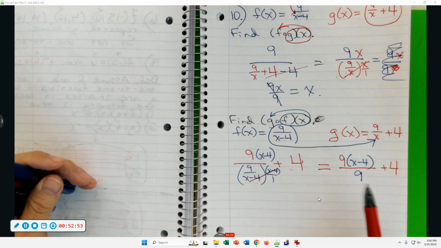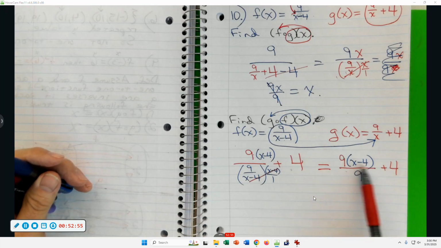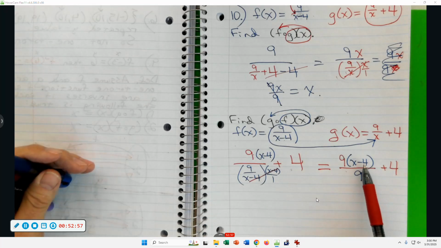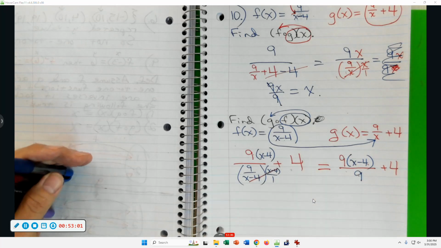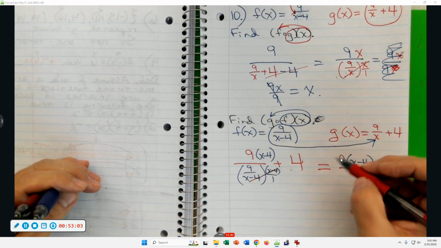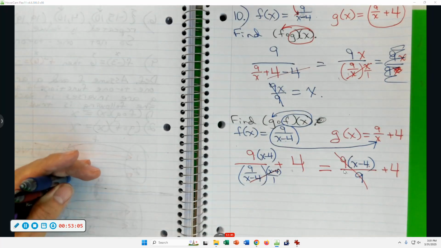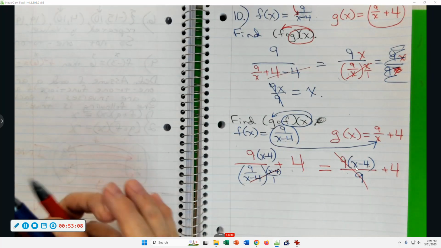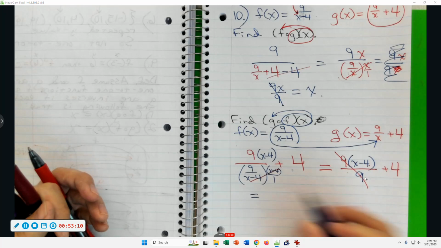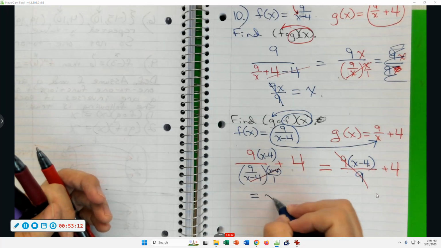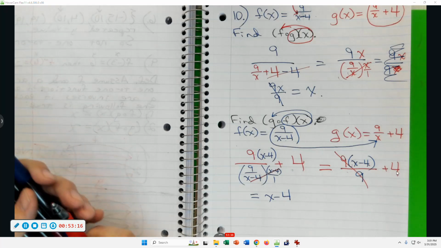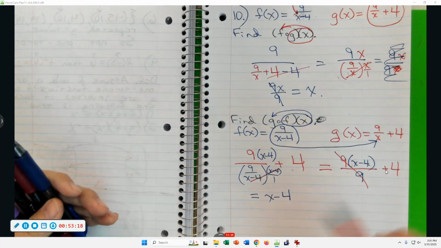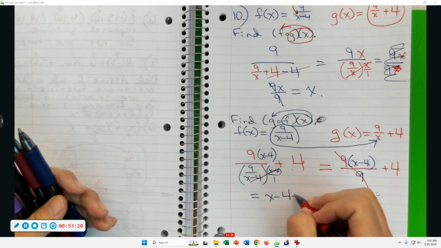Resist the urge to distribute that 9 over the x minus 4. If you do that, you then got to split it up and put each thing over 9 and cancel. The quicker thing is just cancel the 9s right there. Then you have that blue x minus 4 by itself. And what else do you have? You have that plus 4.